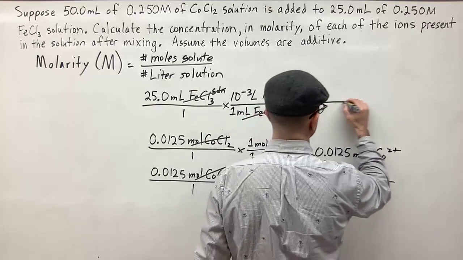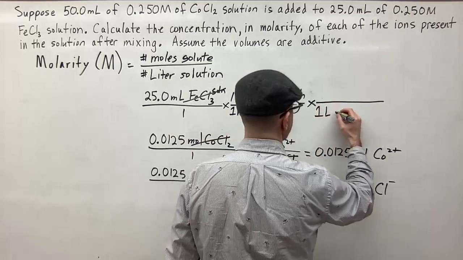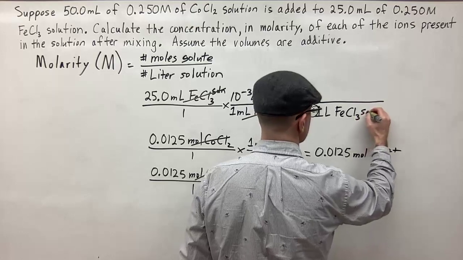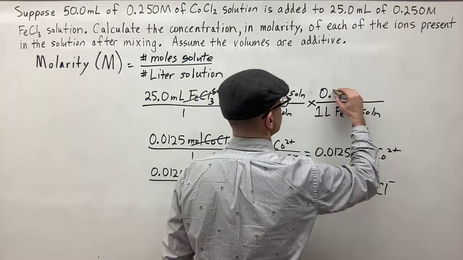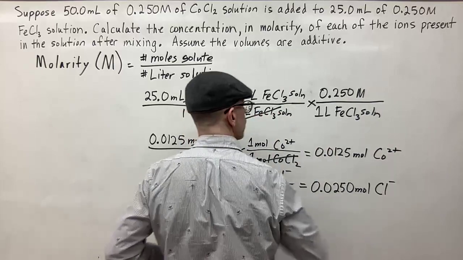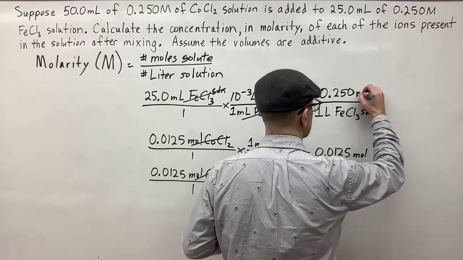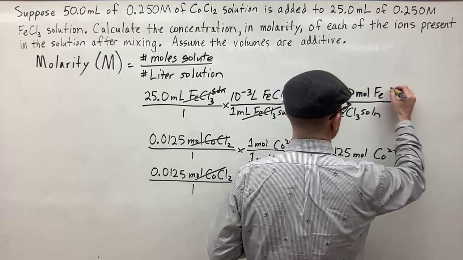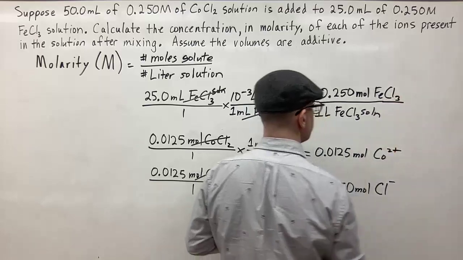So here, I'm going to have 1 liter of the iron 3 chloride solution on the bottom, and then the 0.250 moles, not molar, moles of the FeCl3, or I'm sorry, iron 3 chloride.